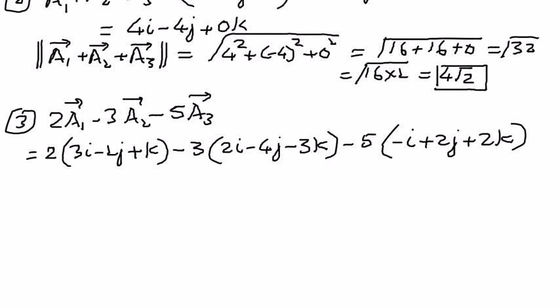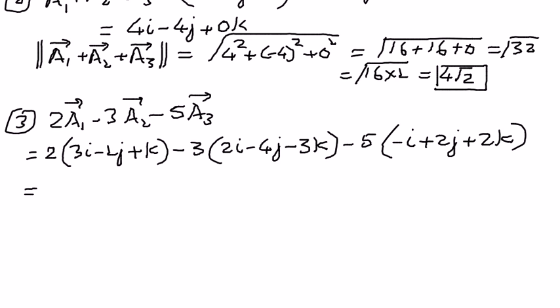And now it is just a matter of distributing the constants to every one of the components inside the vectors, and then collecting the like terms, and then finding the magnitude of that product vector.